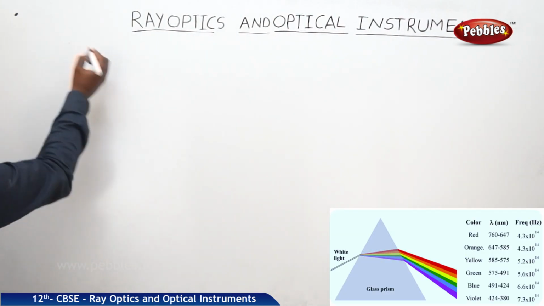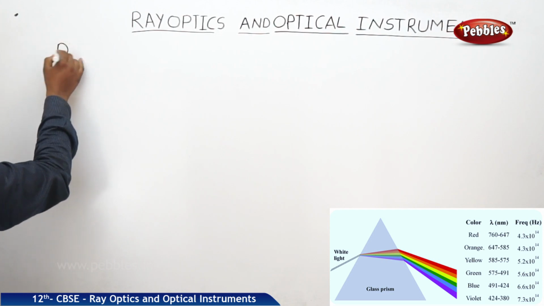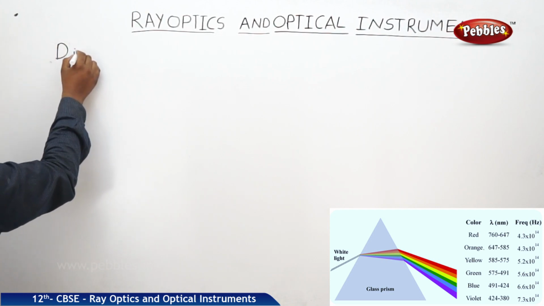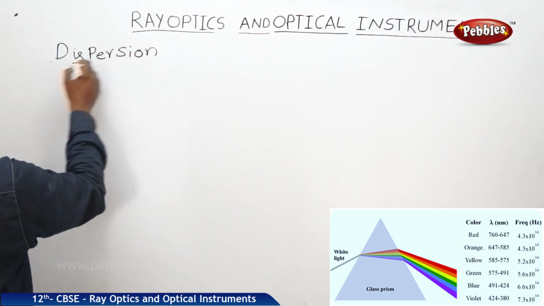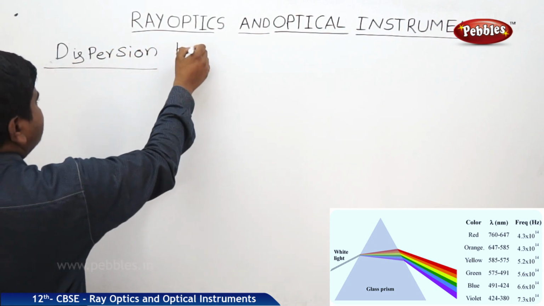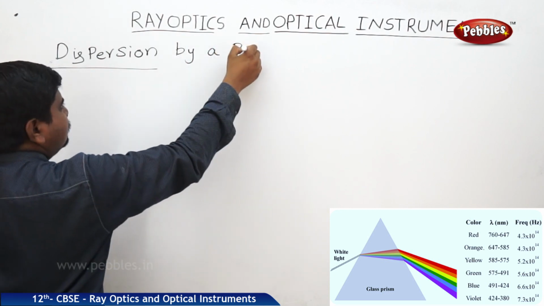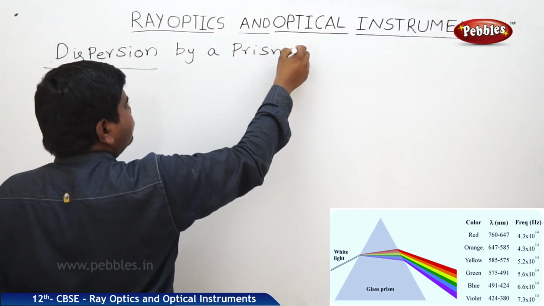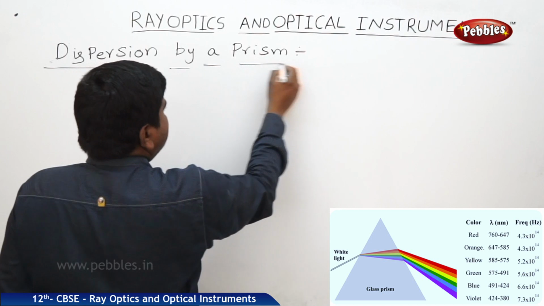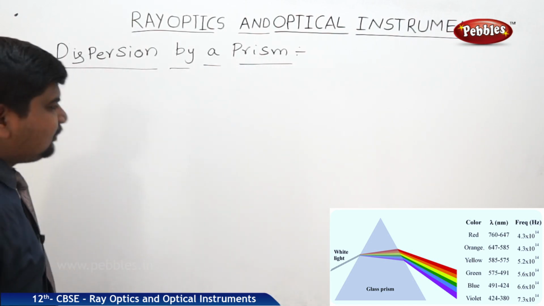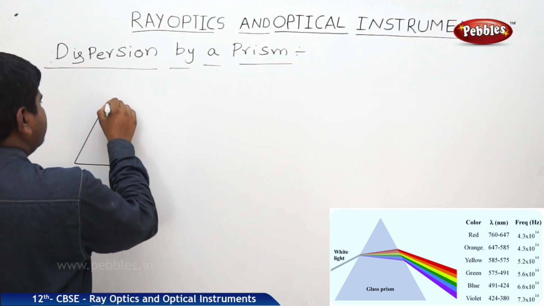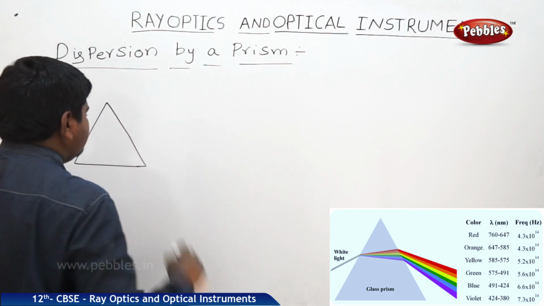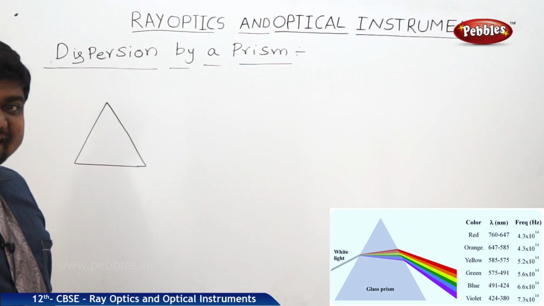Next concept is dispersion by prism. We know that a prism is in a triangular shape. So what is the meaning of dispersion?